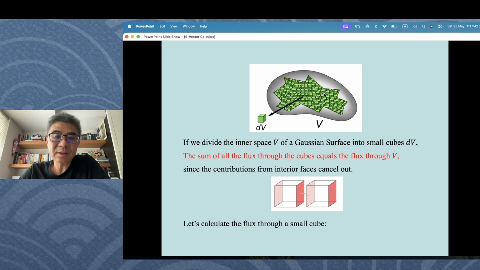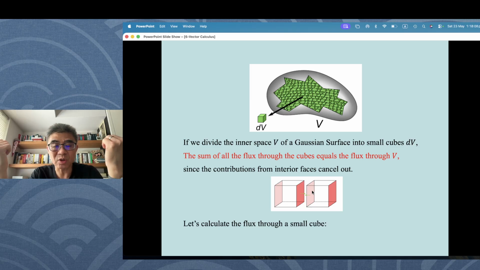The point is that the sum of all the flux through the cubes equals the flux through the original Gaussian surface. The reason is simple, as on the earlier page, because all these small cubes overlap. On the surfaces of overlap, the contribution to the electric flux will cancel because they are pointing in different directions for the left-hand side and right-hand side.